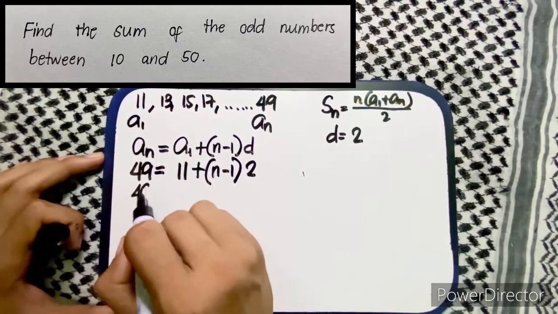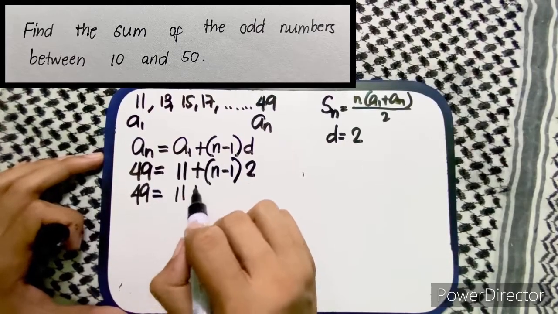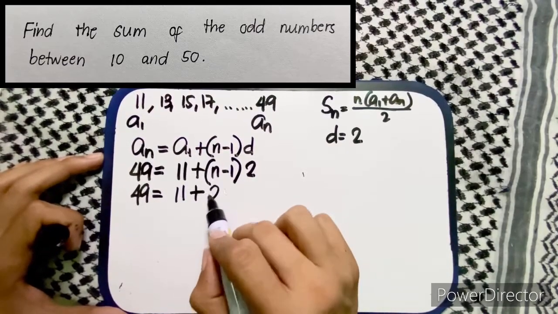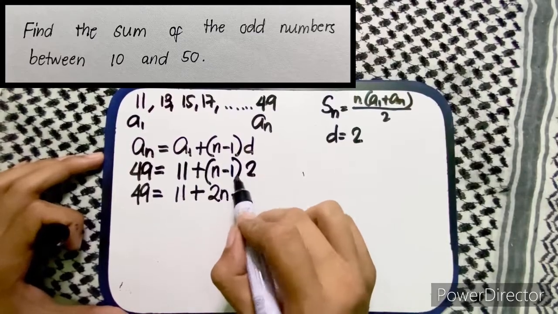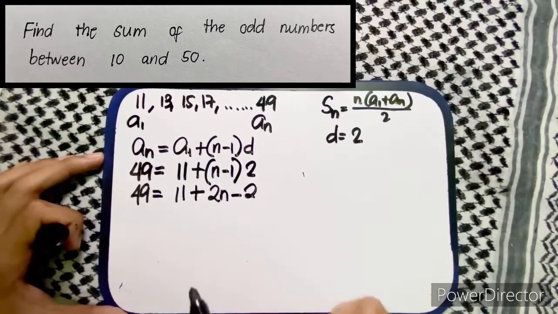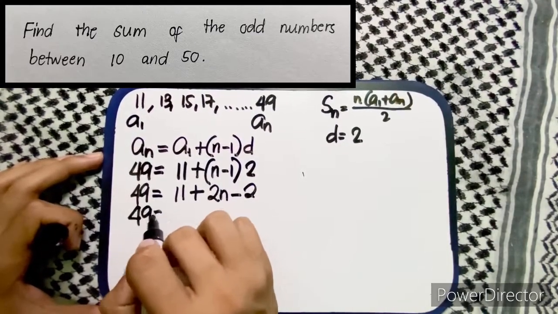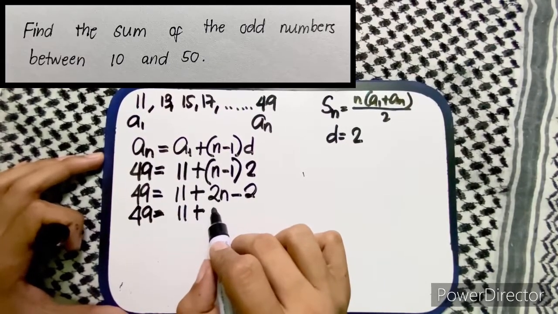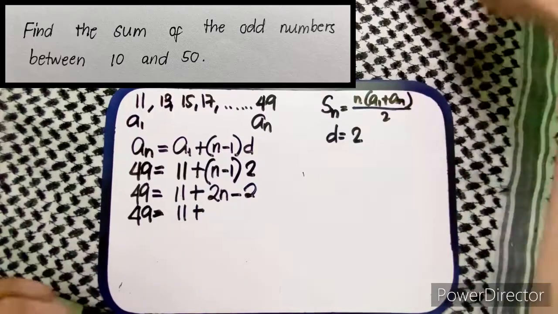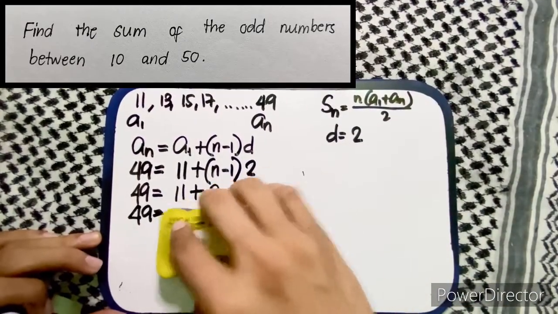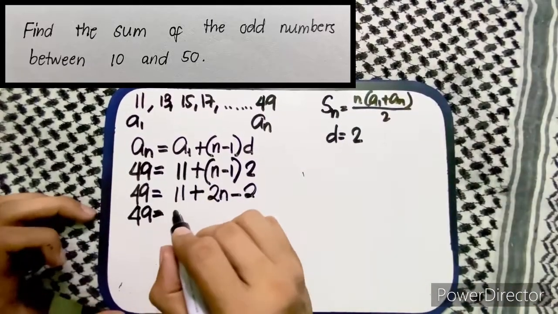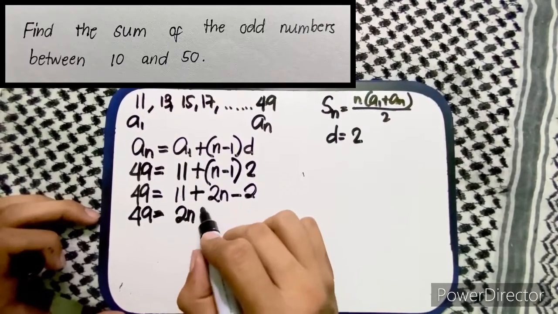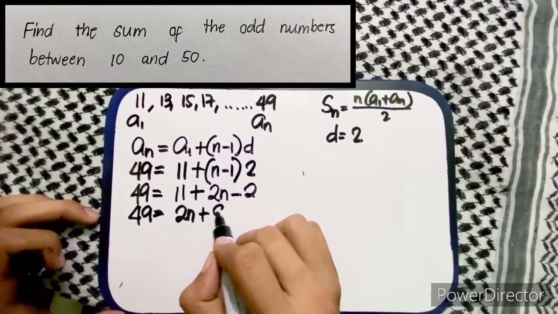So 49 equals 11 plus 2 times n, 2n, minus 2 times 1, 2. So 49 equals 2n plus 11 minus 2, that is 9.